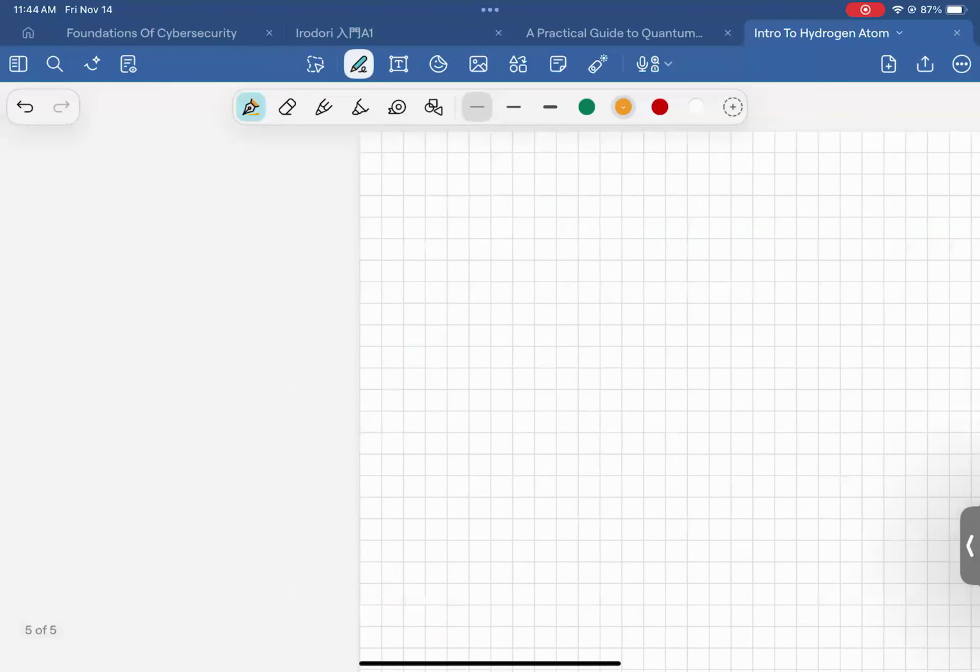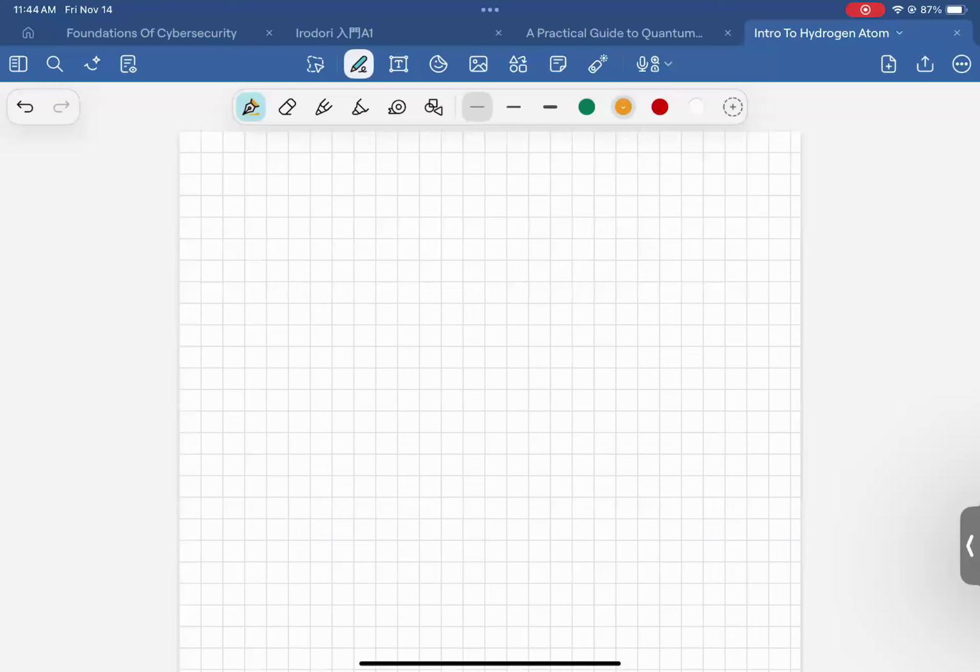So pag ginawa natin yan, sinabi natin na y is a function of both theta and phi. So equal siya sa product ng capital theta and capital phi na wave functions. Okay, ang capital theta is A PLM cosine theta, and ito naman ay exponential I M phi.